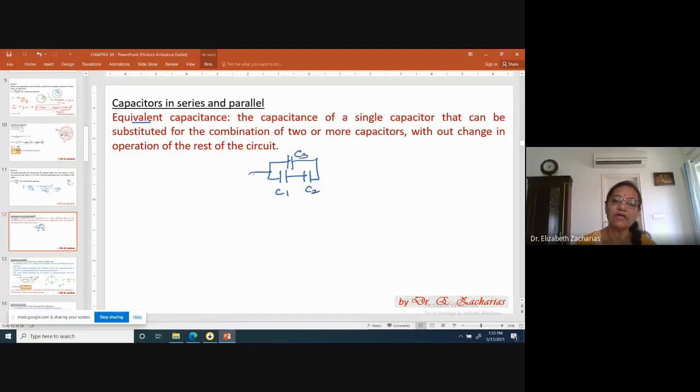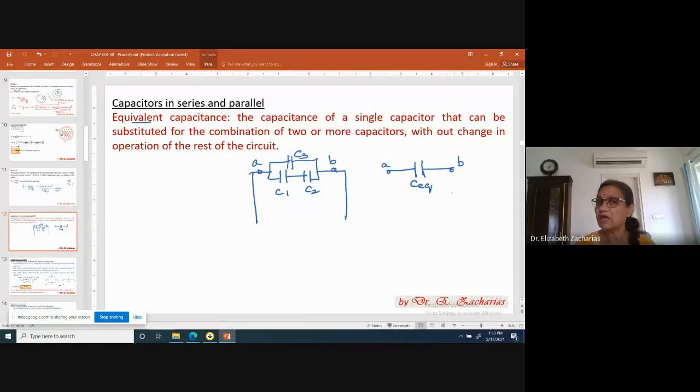I combine it and I have the rest of the circuit. I'll call these two terminals A and B. Now, equivalent capacitance means I should be able to substitute these three with one single capacitance of some value C equivalent, and the rest of the circuit should behave in exactly the same fashion.